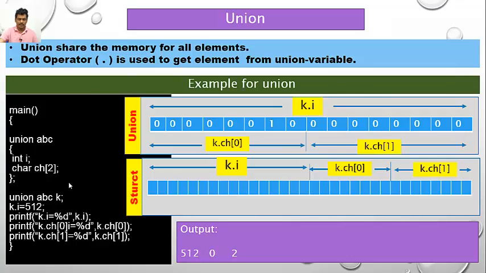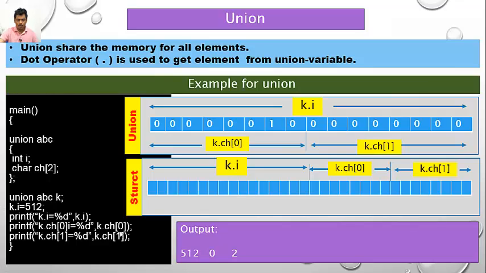So in any if condition or any one case selection, first we check. We can use any one of the elements. If it has 3 elements and we use the first element, we don't use the remaining 2 elements. If we assign 512 to i, we access that 512 through k.i only.